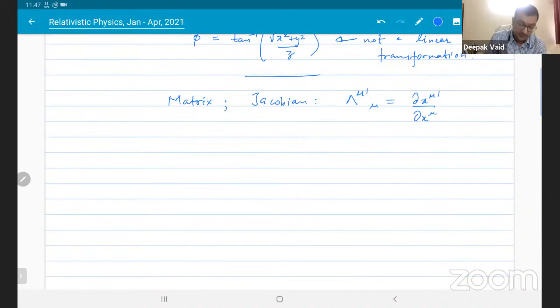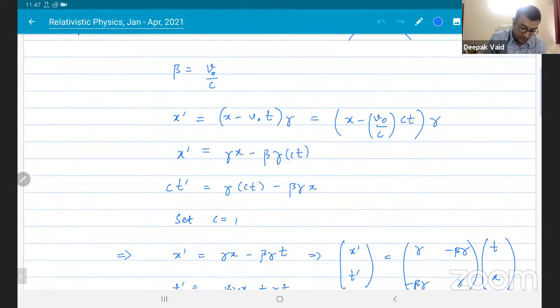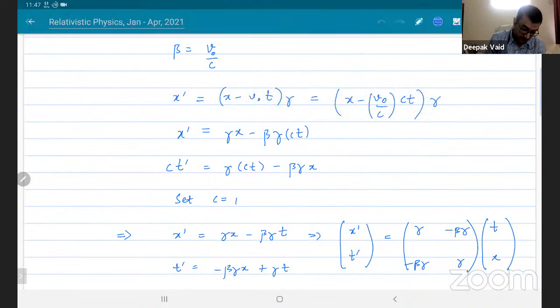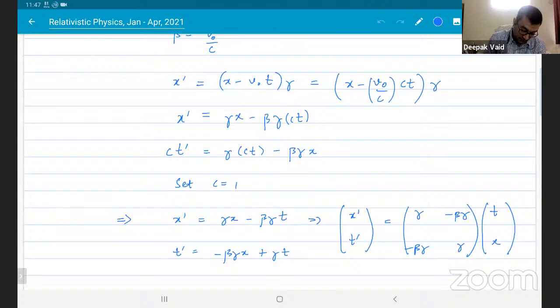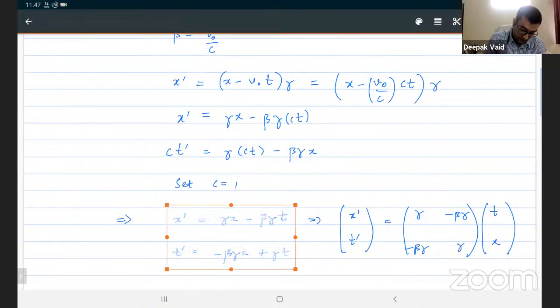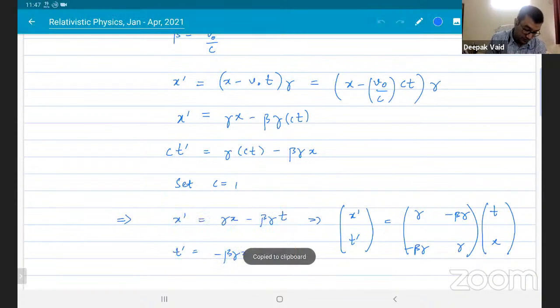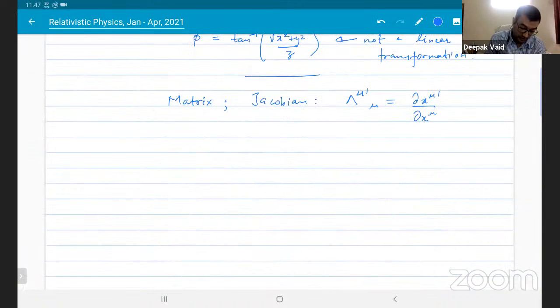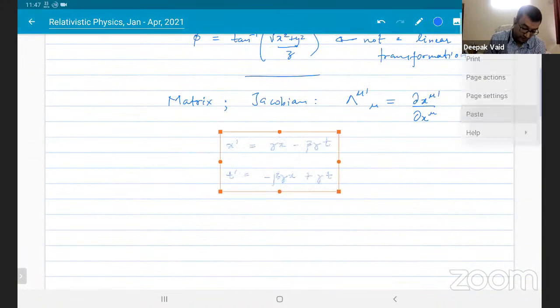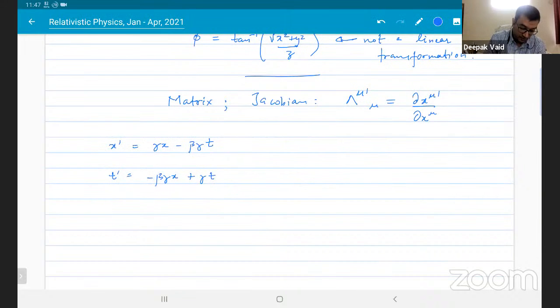So what is this? If you take this partial derivative, for instance, let me write this down. Let me take it like this, copy, and calculate this Jacobian for this transformation. Right.